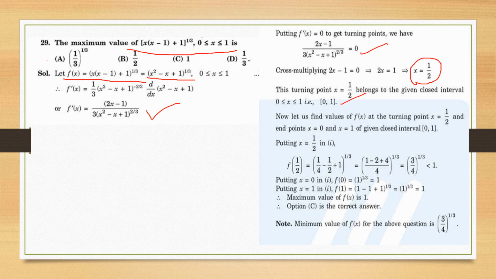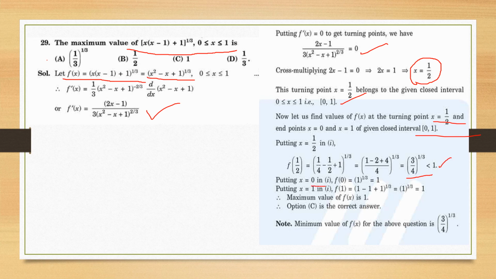Now, as half is my turning point and also belongs to the closed interval [0, 1], I have to find the value at f of 1 by 2. So f of 1 by 2 is (3 by 4) to the power 1 by 3. I have to check the values at the end points 0 and 1, and at 1 by 2. The value at half is (3 by 4) to power 1 by 3, which is less than 1.